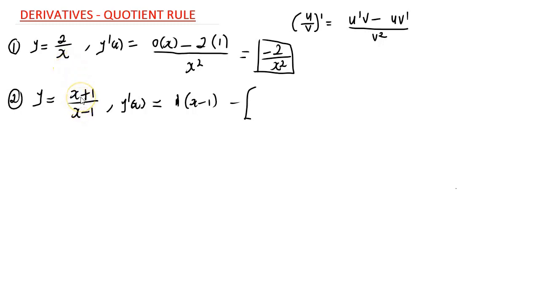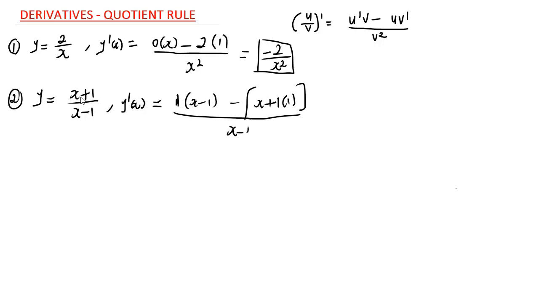What is u? U is the top function, which is s plus 1. So this is going to be s plus 1. Then multiplied by v prime, which is the derivative of the bottom function. So the derivative of s minus 1 is going to give us 1. So this is multiplied by 1.